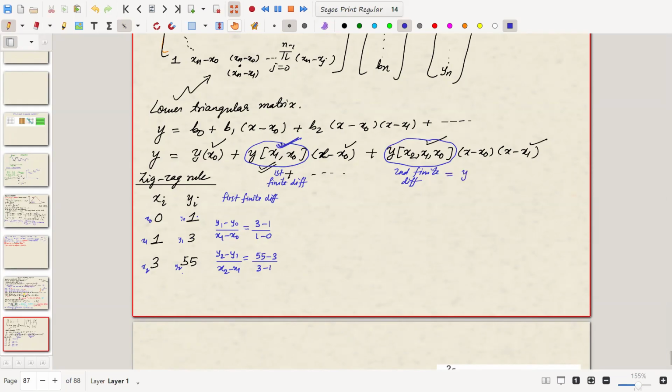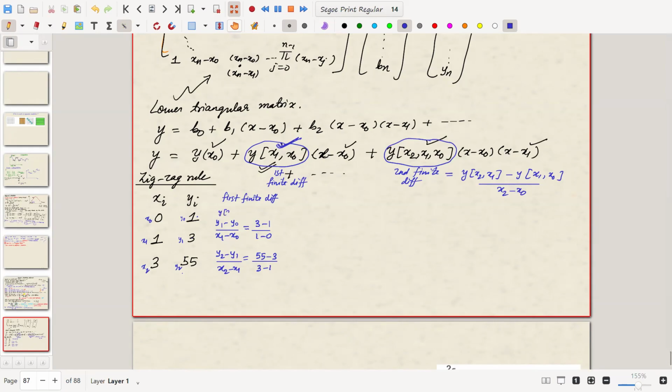This formula was y of x2, x1, then y of x1 x0. Okay. So can you see that we have, so what is this guy here?